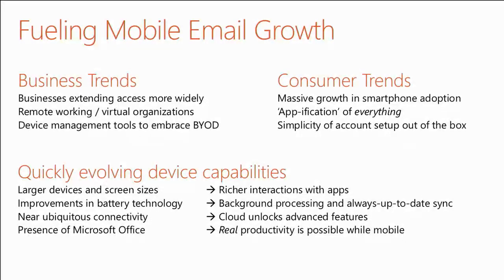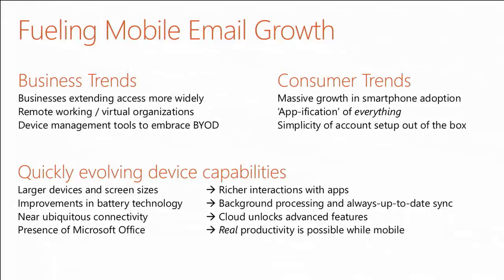On the consumer side, massive adoption of mobile devices to use your personal mail as well. Our colleagues in Outlook.com will tell you that the growth of mobile devices in our Outlook.com service, formerly Hotmail, is just off the charts.